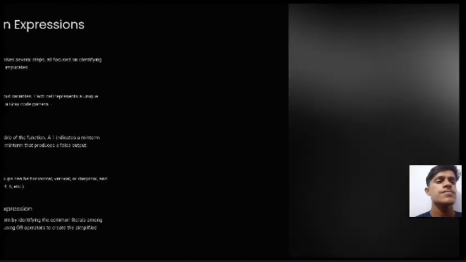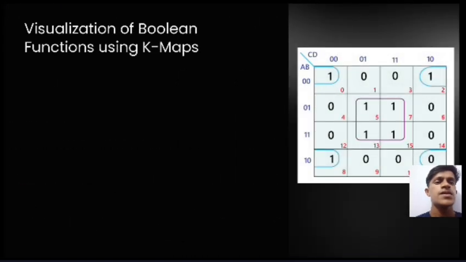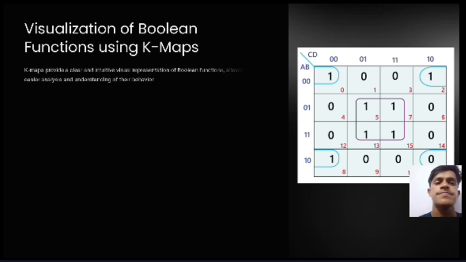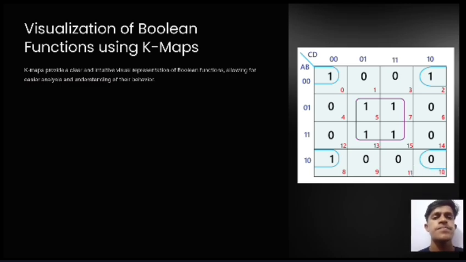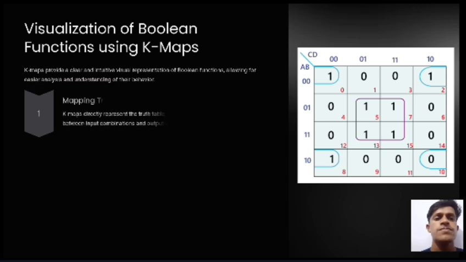Next, visualization of Boolean functions using K-maps. K-maps provide a clear and intuitive visual representation of Boolean functions, allowing for easier analysis and understanding of their behavior. First, mapping truth tables.